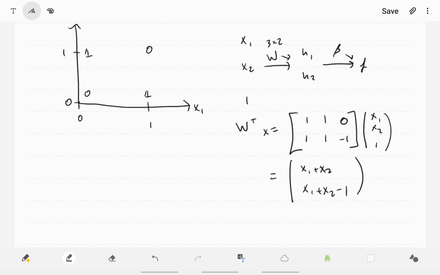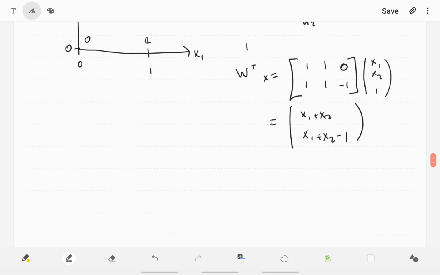And so we can find some linear combination of these two after we apply our ReLU, and we can create OR. Actually, another way to think about this is that the positive part of x1 plus x2 is OR, and the positive part of x1 plus x2 minus 1 is AND. That's another way we can think about this.